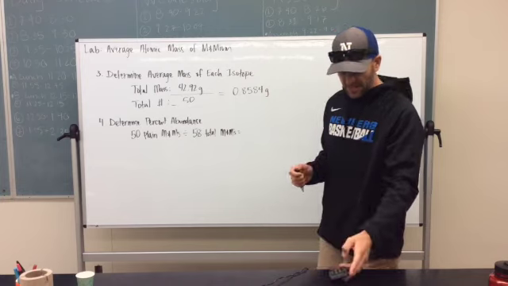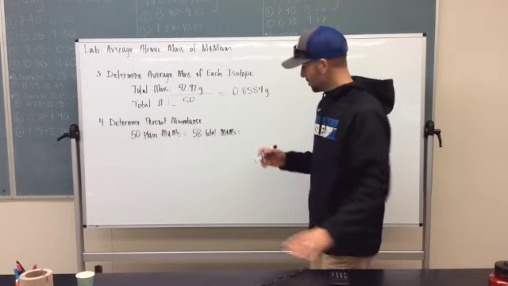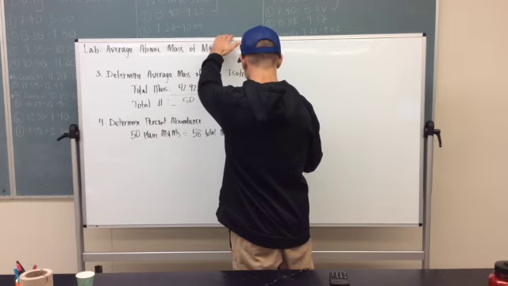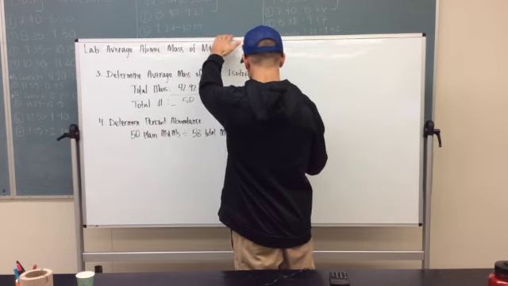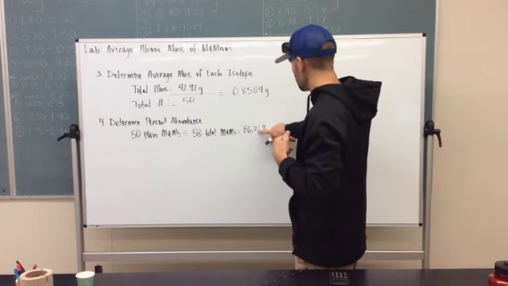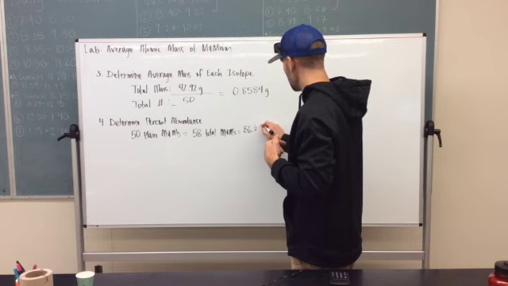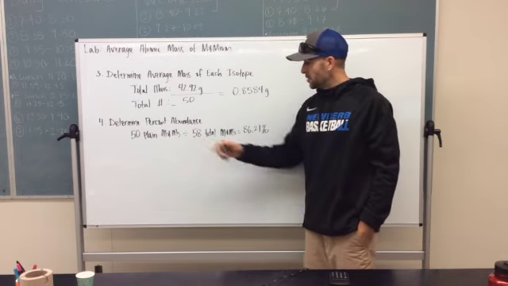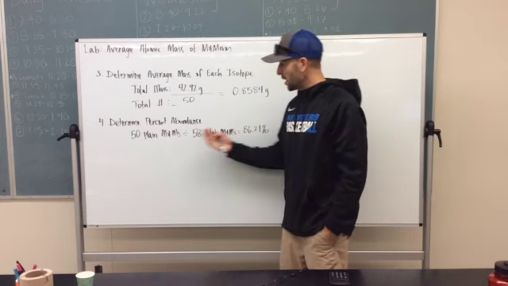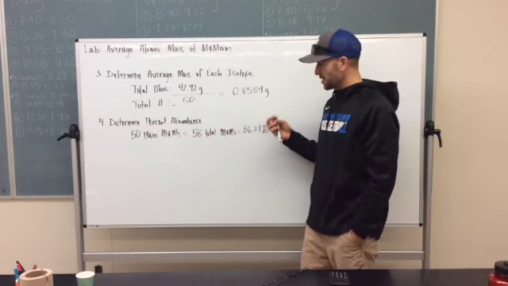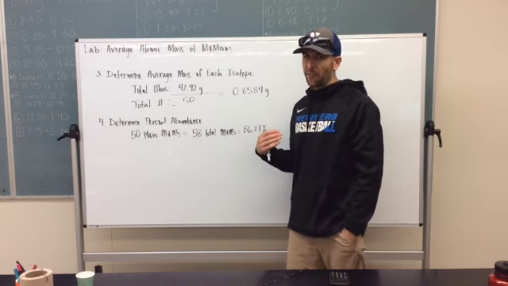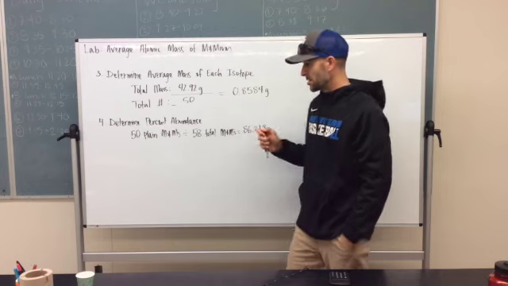50 divided by 58 is 86.21%. Because we are doing division, when we're looking at the number of significant figures in this answer, we are going to make sure that we include enough in our answer so as not to limit calculations later on.